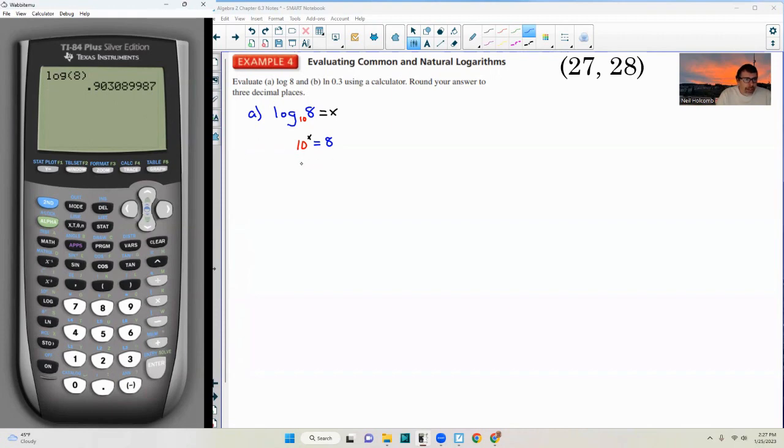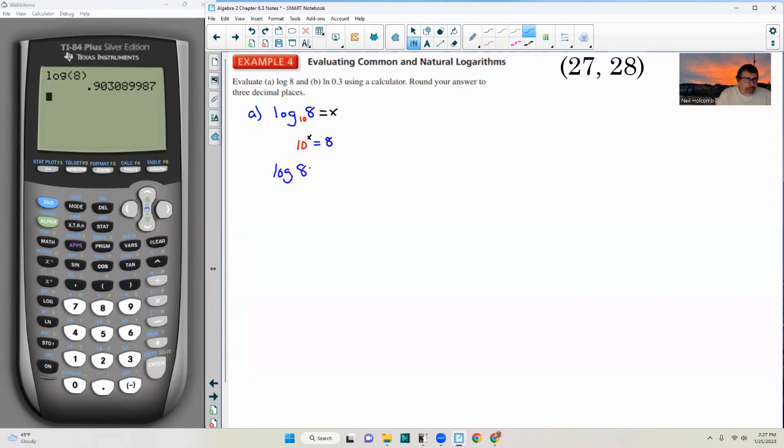So I'll write log of 8 equals 0.903 after rounding to 3 decimal places. Look at the fourth digit, it's less than 5, so we just truncate. So log base 10, or simply the common log of 8, is 0.903.